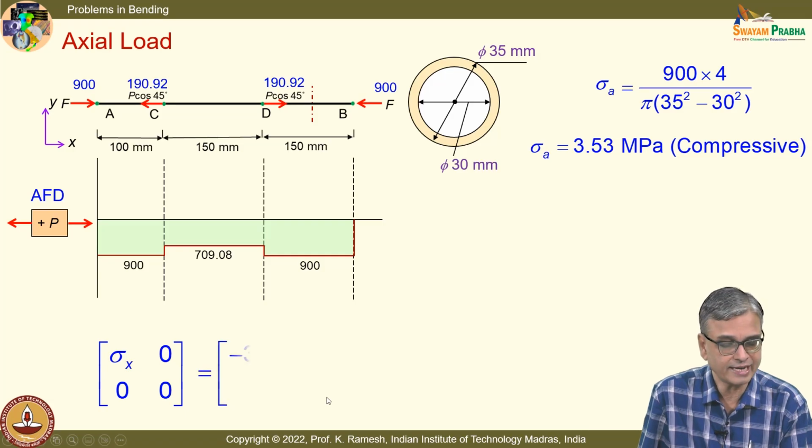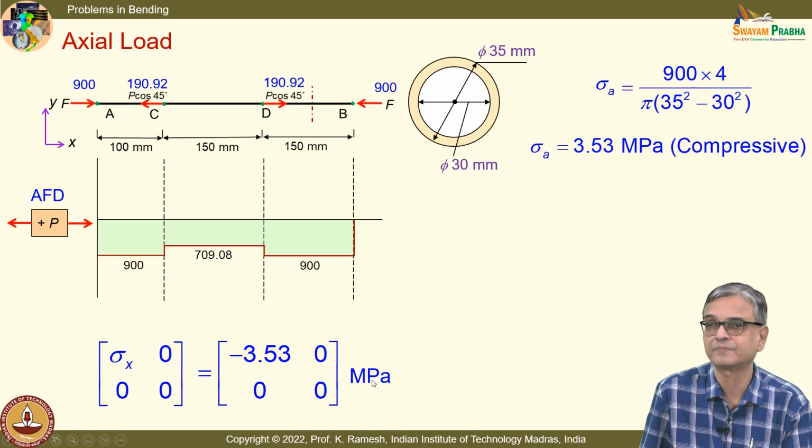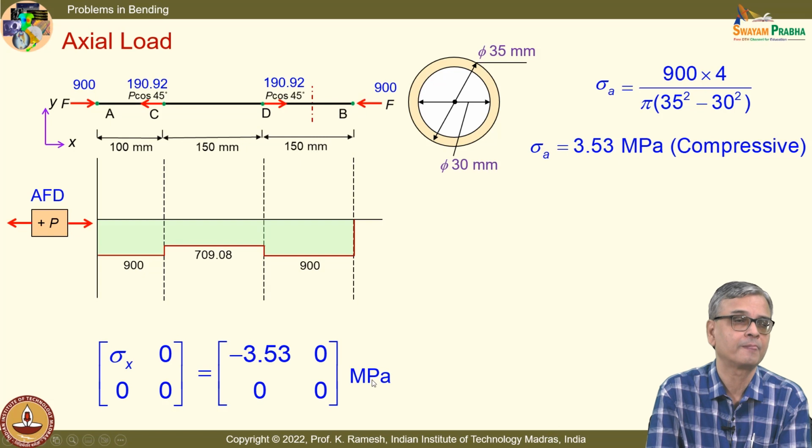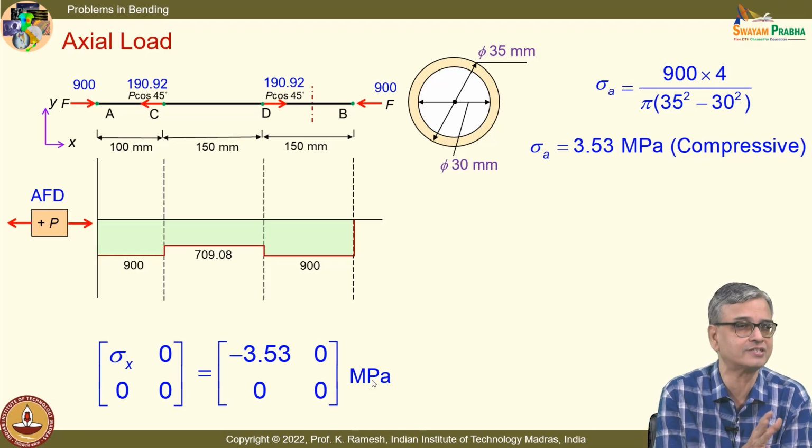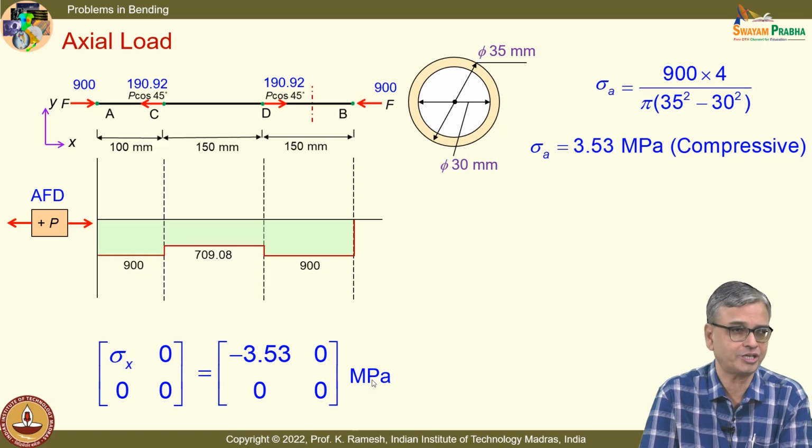So, I can also get this as minus 3.53 0 0 0 MPa. So, we have determined what is the stress tensor caused by bending, what is the stress tensor caused by axial compression.